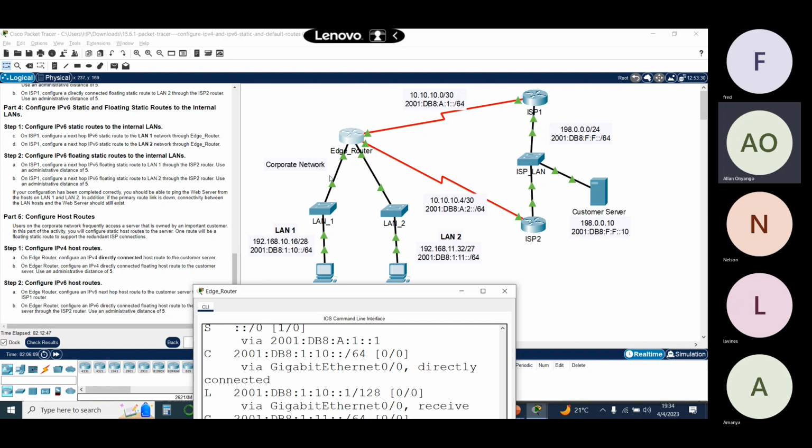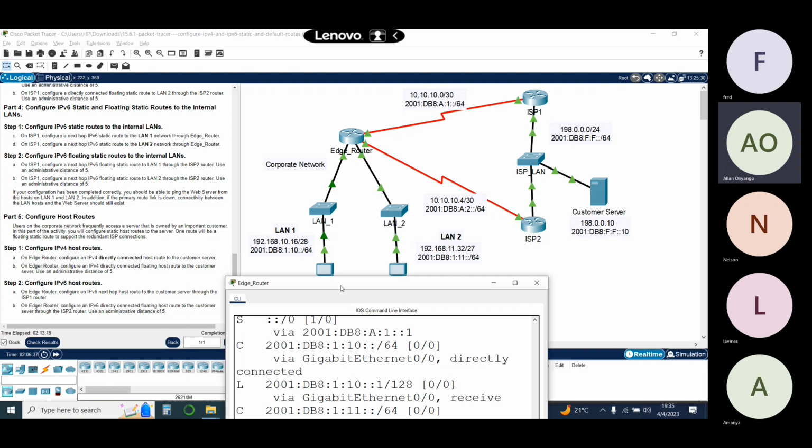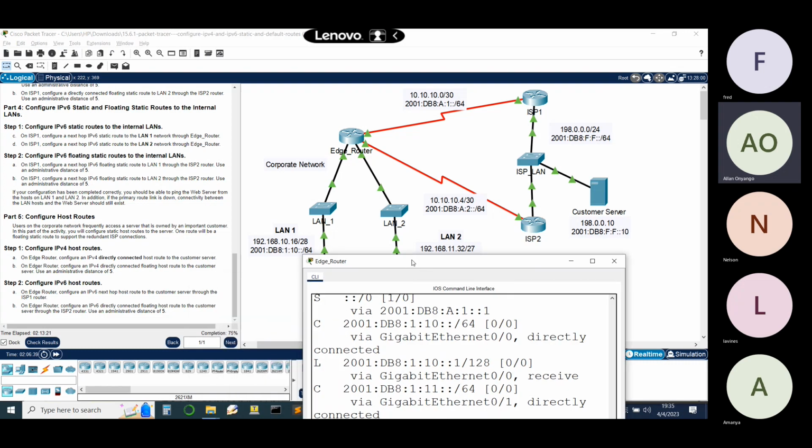Remember, we do not have all information here. We need to know whether this route is the primary route, passing through ISP1, and the secondary one is going to pass through ISP2 to reach the customer server here. I'm going to assume so, that the first route will pass through ISP1 and the other one will pass through ISP2.